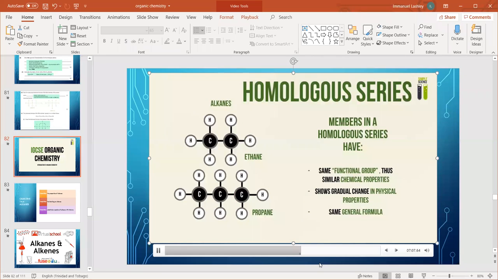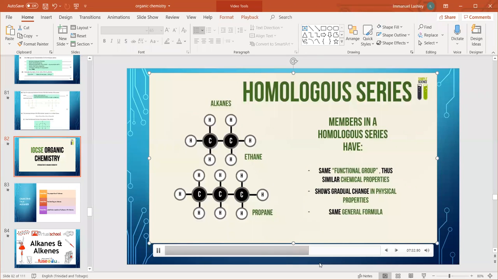They will have the same functional group, which will determine their chemical properties, and since they have the same functional groups, they will have similar chemical properties, or they will react the same way to other atoms or on their own.